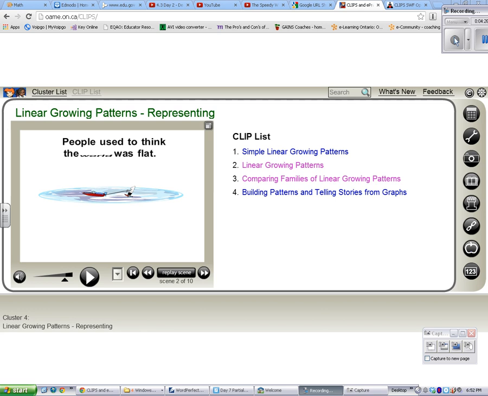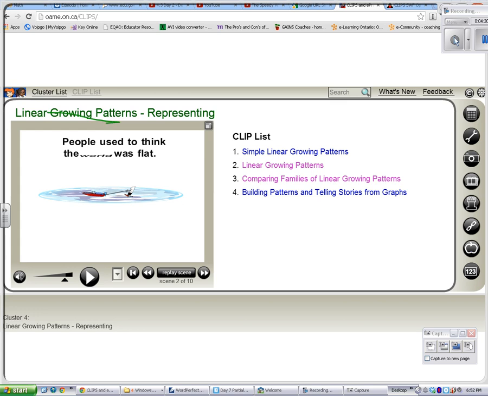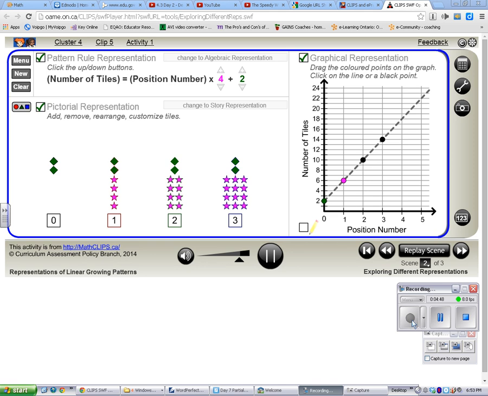So when I go to MathClips.ca, I selected the linear growing patterns representing section, and I am going to go to section number 3 called Comparing Families of Linear Growing Patterns. You are welcome to work through any part of the clip list that interests you to build your skills. So here we go.